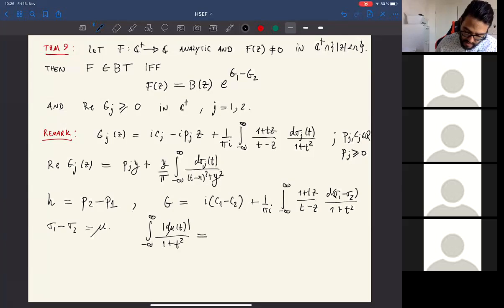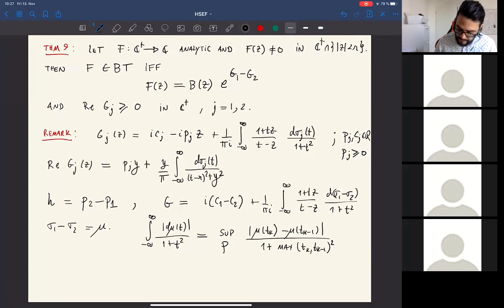And this thing here is defined as the sup over all partitions of the real line, that is, an increasing sequence of points t_k.